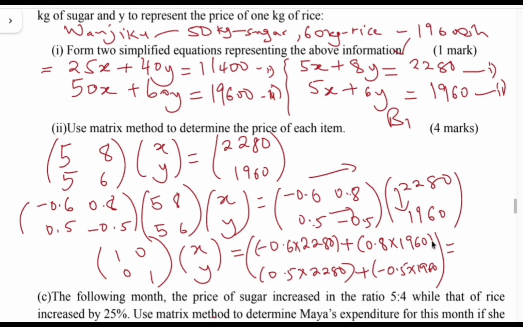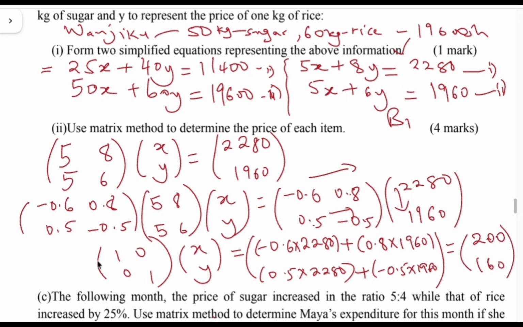So answer ya hapa utachukua hiyo negative 0.6 times 2280 plus 0.8 times 1960 itakupa answer ya juu, itakupa 200, okay, and 0.5 times 2280 plus hiyo negative 0.5 times 1960 ambao itakupa 160.